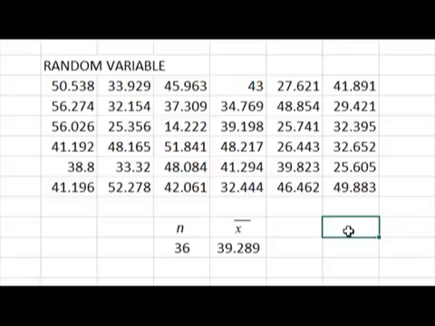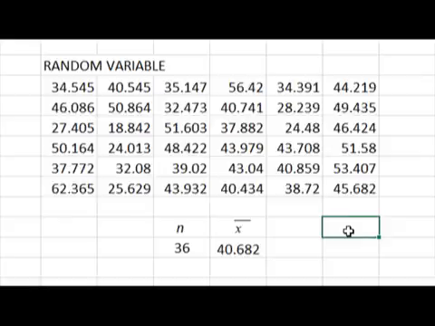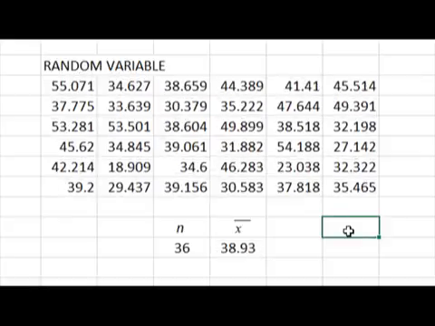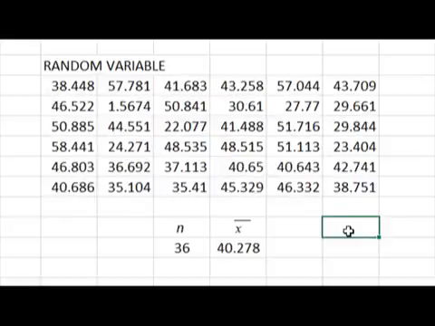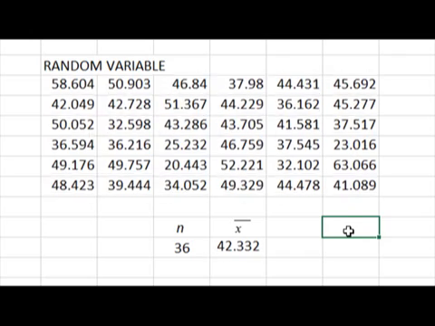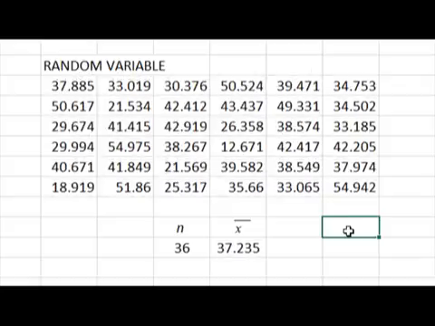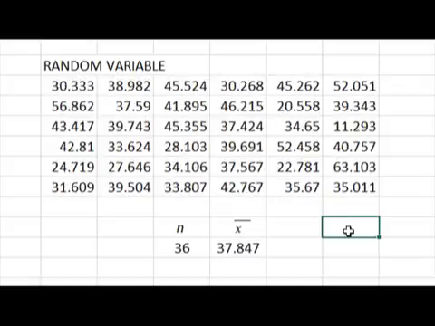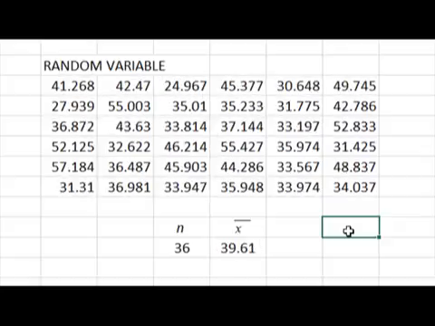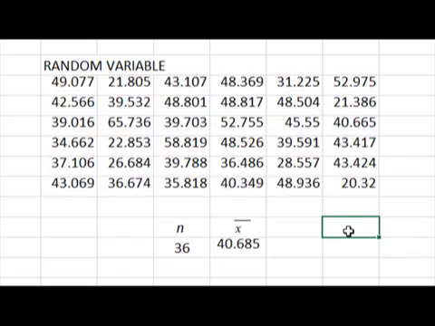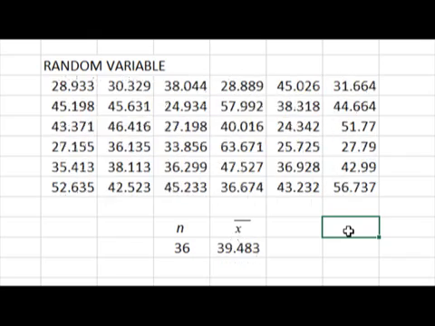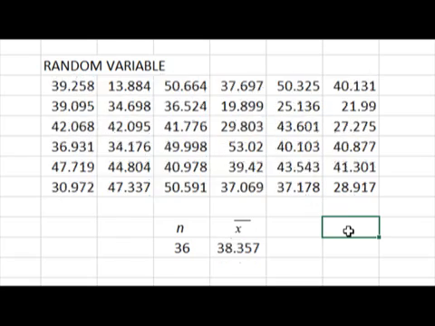That would be 3.33 above or below 40, so 36.67 or 43.33. That means that only 5% of the time are these values of x bar going to be either below 36.67 or above 43.33. And indeed, we find that values that far away from 40 are pretty uncommon.